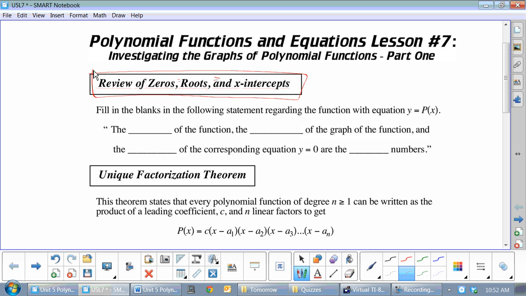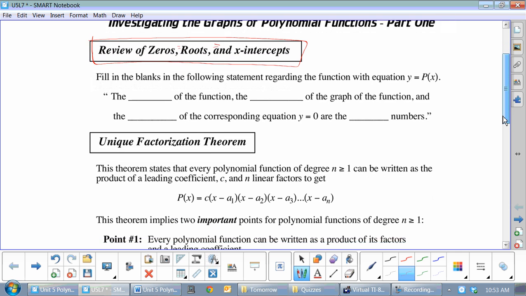So, keep those straight. And what is kind of opposite of that is when we're finding the factors. Because if the zero is 2, the factor is x minus 2. Okay? So remember, zeros equal roots equal x-intercepts is almost equals opposite factors. Okay? I would keep those in mind.